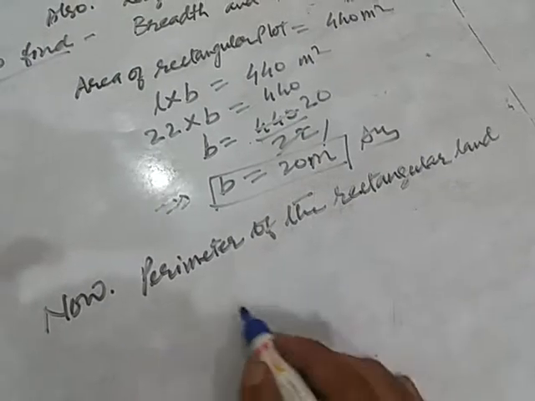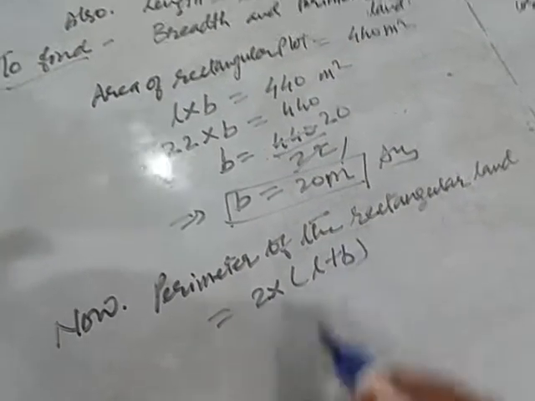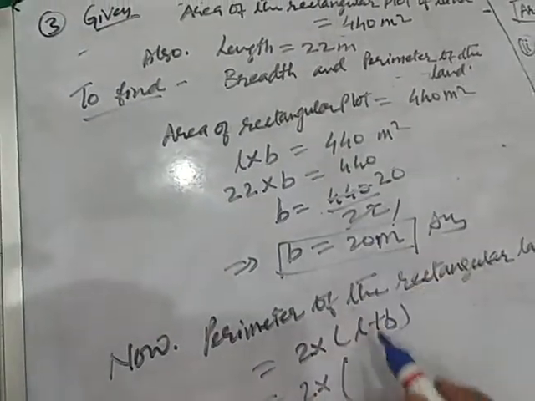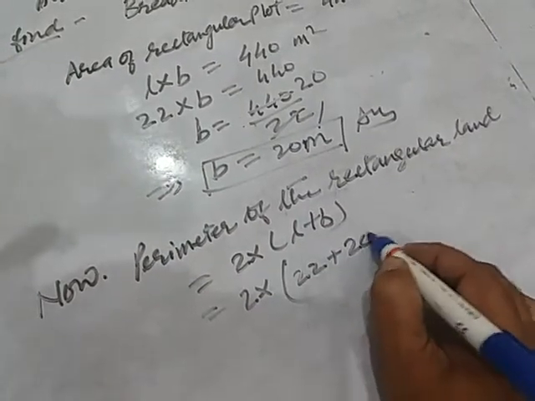Perimeter of the rectangular land equal to what? That is 2 into L plus B, equal to 2 into L, which is given to be 22, plus breadth, you have found out, that is 20.